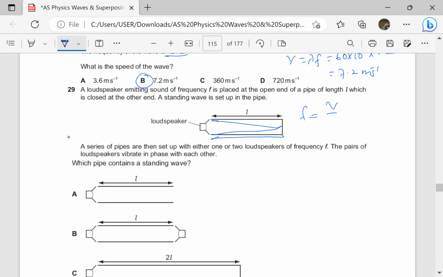The length of the pipe L will represent a quarter of a wavelength, so lambda is going to be 4L. That is for the fundamental mode.